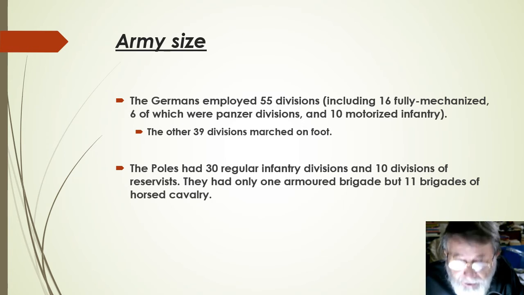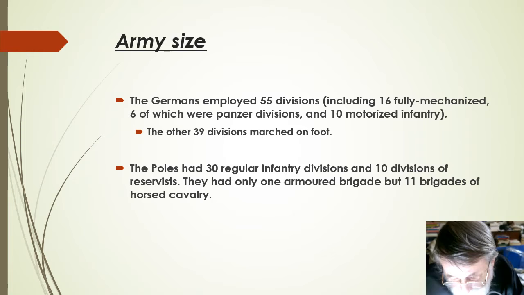The other 39 divisions marched on foot and consisted both of first wave infantry divisions with mostly regular soldiers and some reservists, and second and third category infantry divisions, again with capable soldiers. The Poles, on the other hand, had 30 regular infantry divisions plus 10 divisions of reserves.